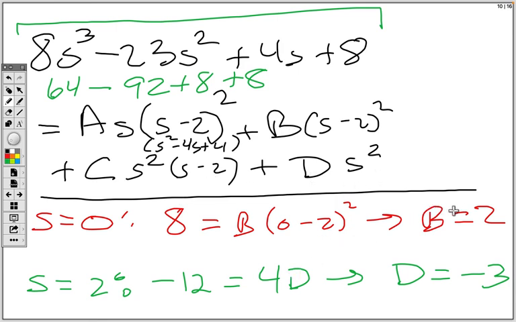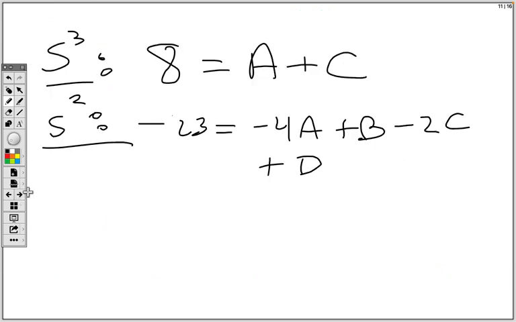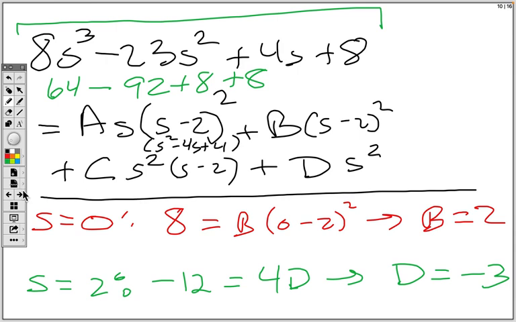But b is 2 and d is minus 3, so I can plug that in from the work we did here.